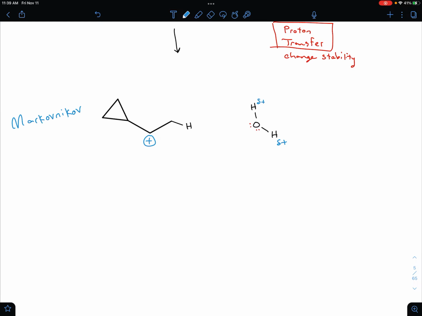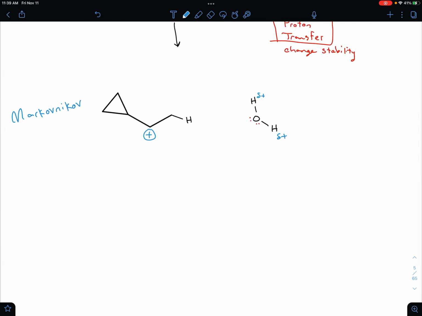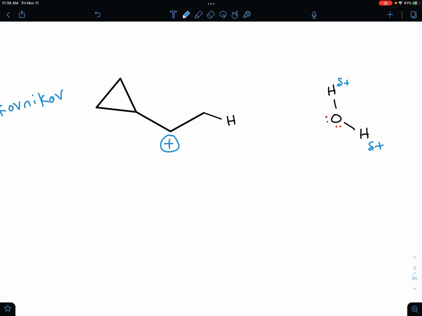Now, anytime you have a carbocation, you have to ask yourself, will it rearrange? And in this case, you would analyze that by looking at what type of carbon the positive charge is on. This carbon is bonded to 2 other carbons, so it is secondary. To the right, this carbon is just bonded to one other carbon, right? Notice this is a hydrogen, so it's only bonded to one other carbon, so that's primary.